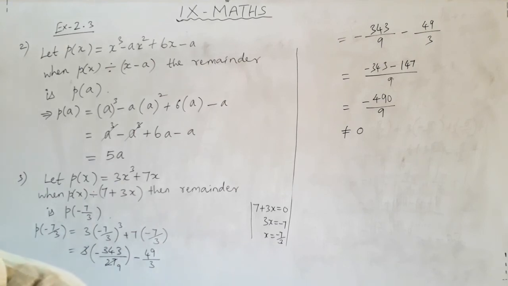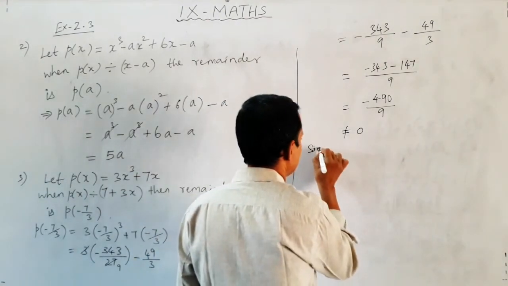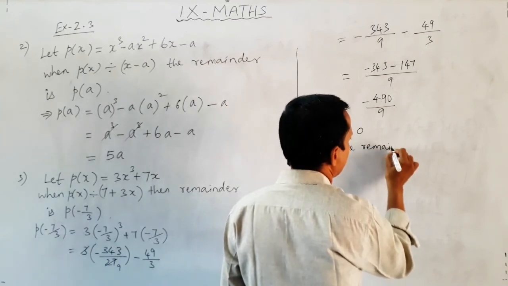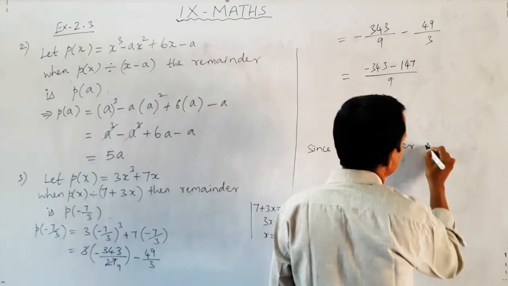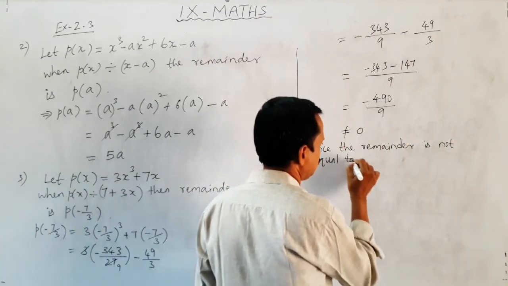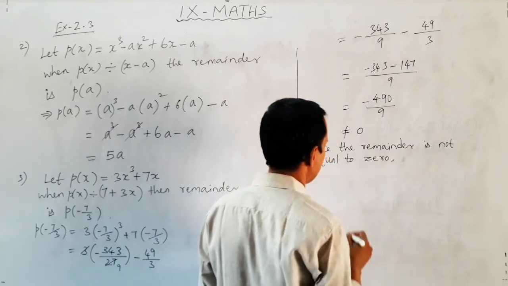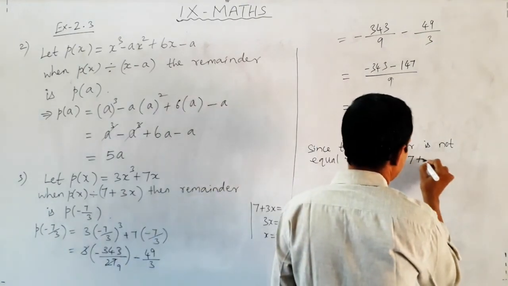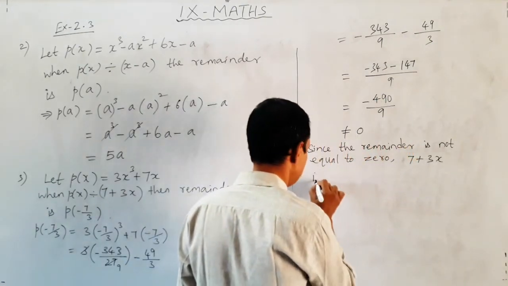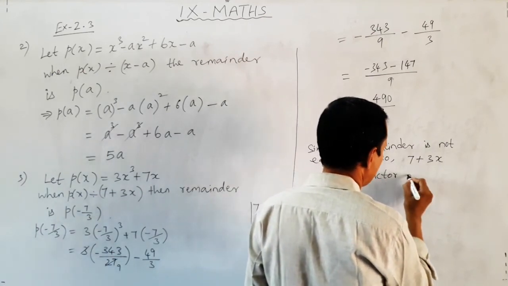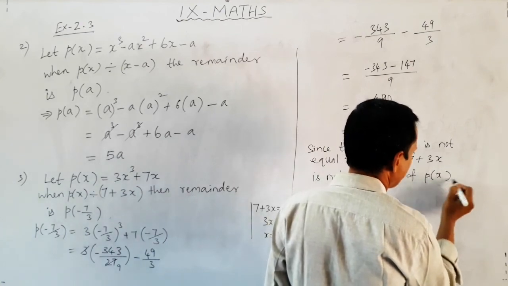Therefore, you can easily say that 7 plus 3x is not a factor, since the remainder is not equal to 0. So 7 plus 3x is not a factor of the given polynomial p of x.